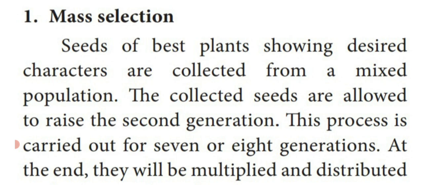From that mixed population of seeds, we are able to collect the desired character. Desired character means that plants which contain the newly formed characters. That is said to be desired characters.